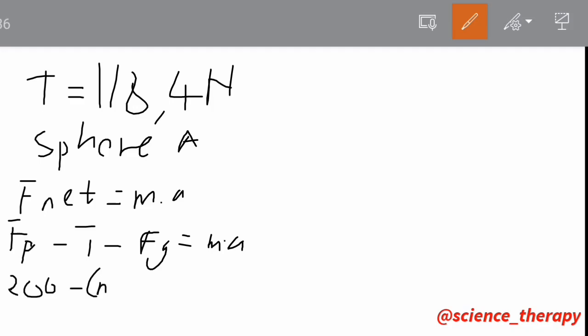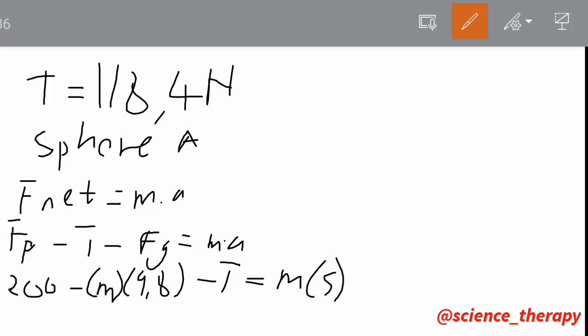So what is the mass? We don't have the mass. Multiply by 9.8, and then that minus T is equal to the mass multiplied by 5, which is the acceleration. Remember, we said the acceleration of sphere B is also the same as the acceleration of sphere A.